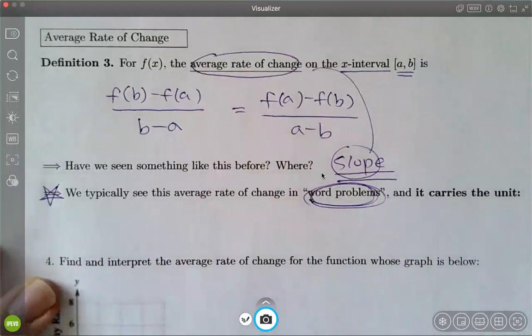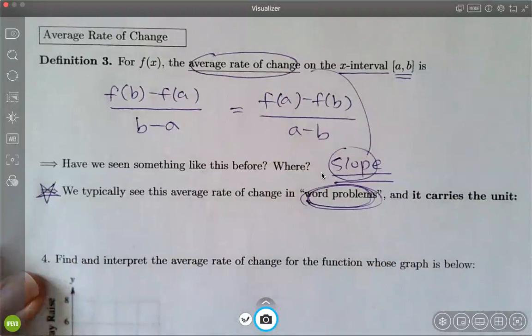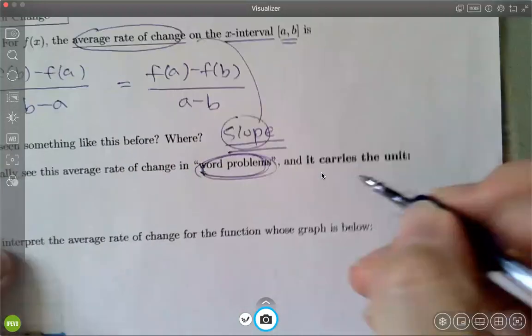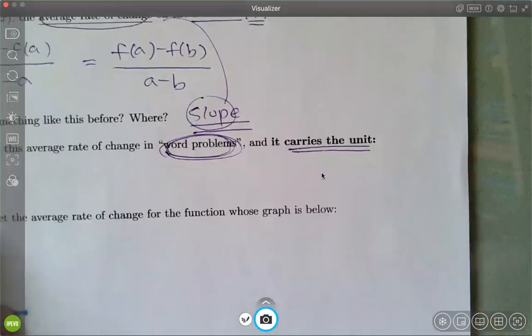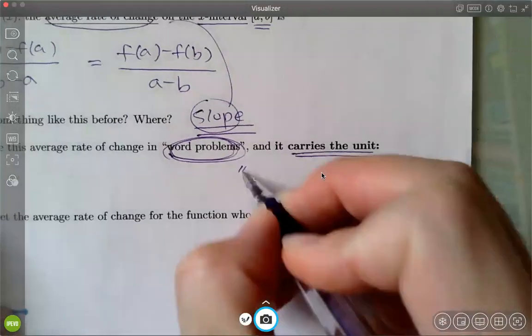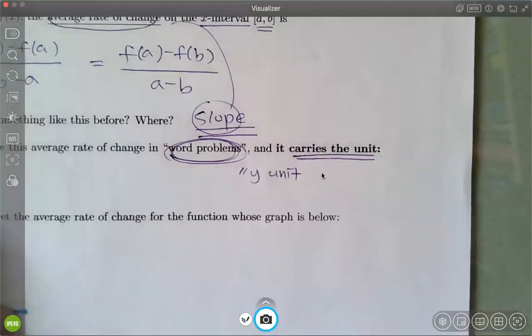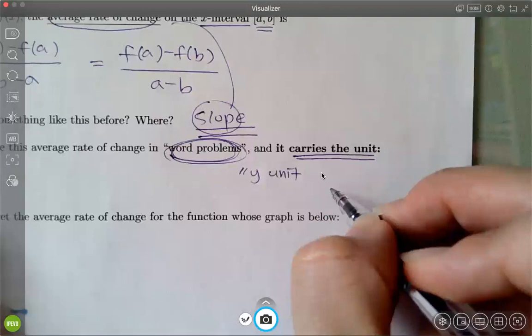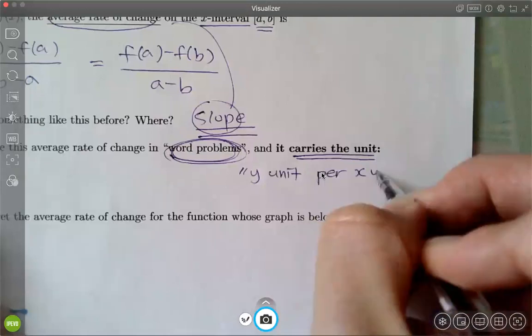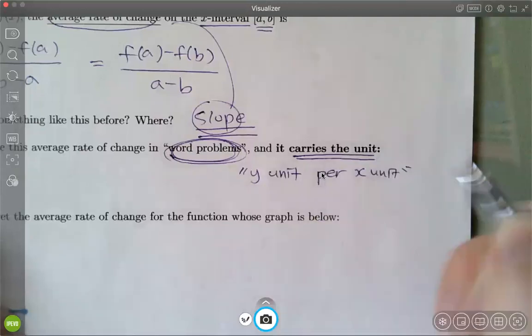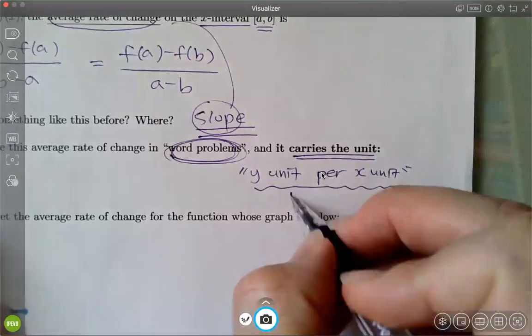And this average rate of change has the unit at the end. The unit is whatever the y unit is, you write that first and then per x unit. So it's basically y per x.